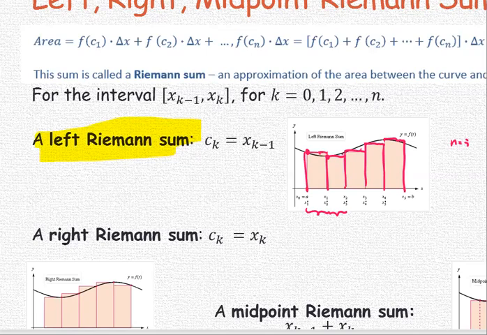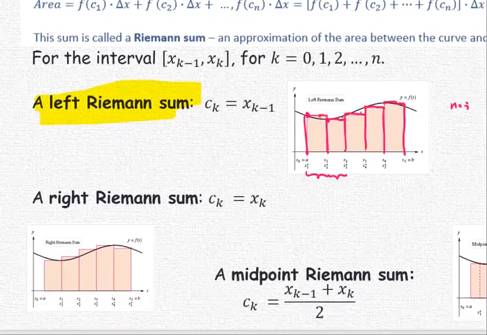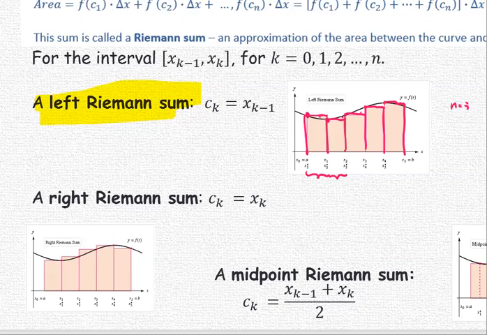That's why it's called an approximation, because error will occur. If you have a greater number n, you get a better approximation because you have less extra area or lose less area.